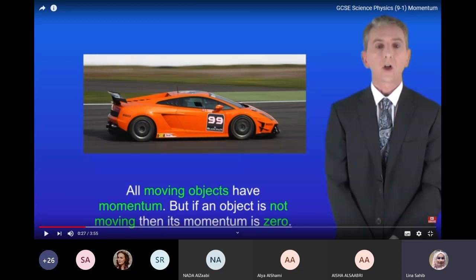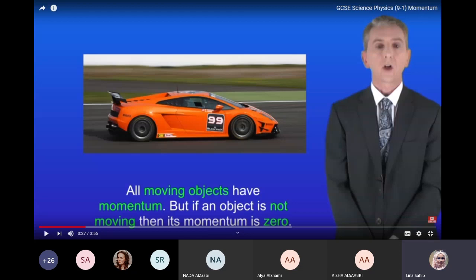For any object, the velocity changes depending on the situation. If we talk about this car, it can start from the parking, where the velocity of the car is 0. After that, the driver accelerates the car to take it to the road and start moving with a velocity equal to 80 kilometers per hour.